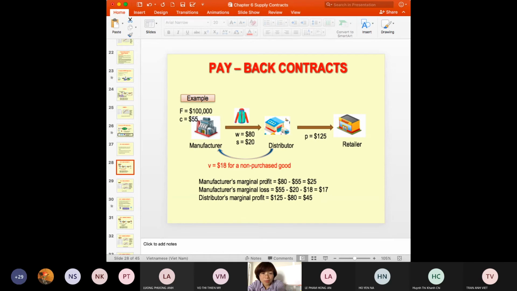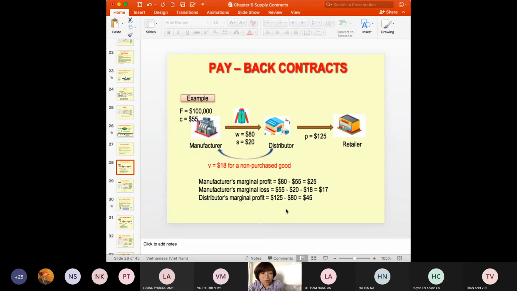So you can see the profit the manufacturer can get is 25. The manufacturer lost 17, right? 17. They sell that, but they can get some back. So lost 17. The profit is less than the loss.